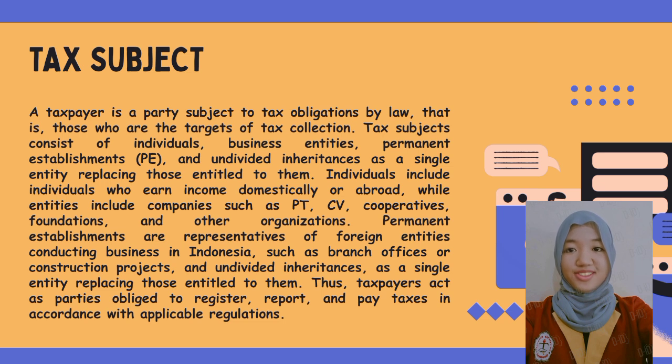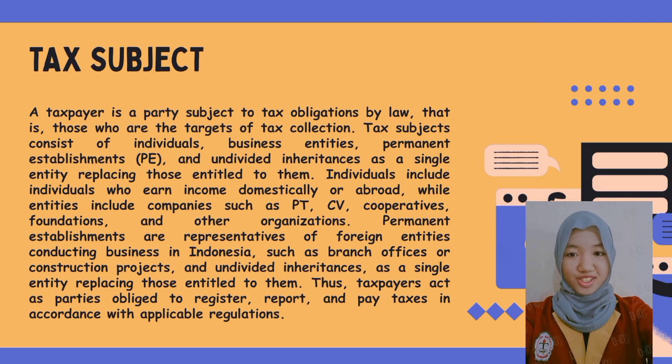Tax subjects consist of individuals, business entities, permanent establishments, PE, and undivided inheritances as a single entity replacing those entitled to them. Individuals include individuals who earn income domestically or abroad, while entities include companies such as PT, CV, cooperatives, foundations, and other organizations.